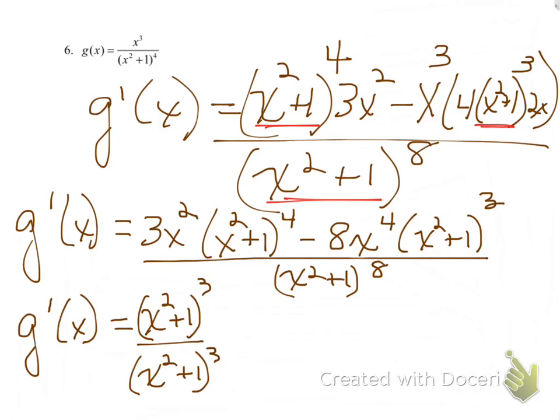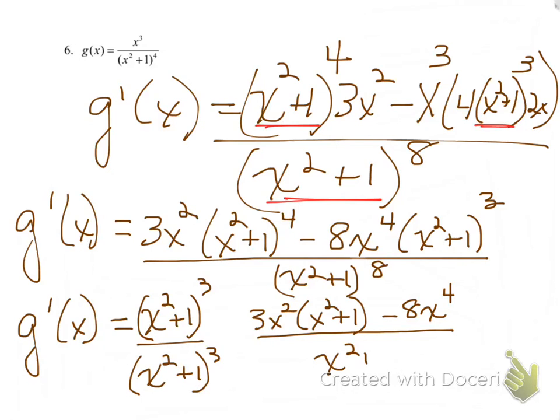Now if I factor out the x squared plus 1 cubed, I am left with 3x squared times the x squared plus 1 as a single, minus 8x to the 4th, all over x squared plus 1 to the 5th, because 5 and 3 is 8.